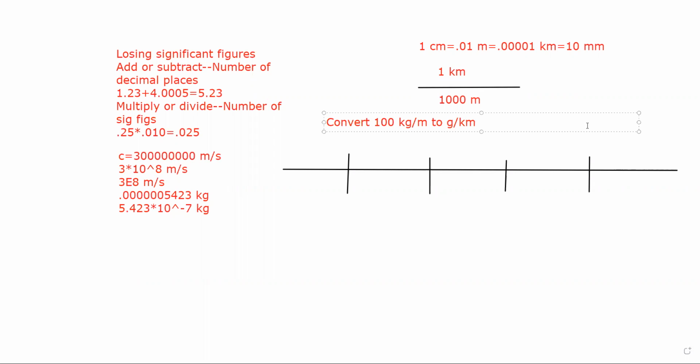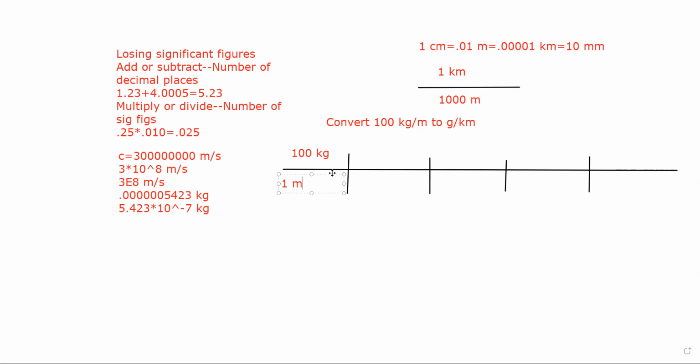Sure, that works. So what we're going to do here is start by writing out what we're starting with. 100 kilograms per meter. We already have a numerator and denominator in the unit, and the meter goes down here. If there's no unit associated with it, it's a 1.